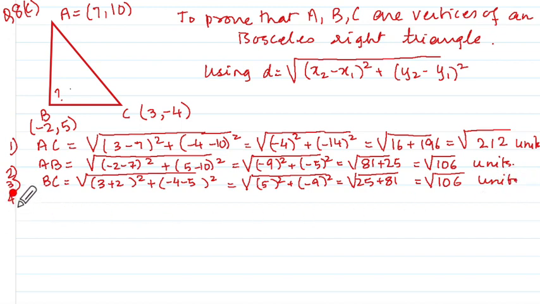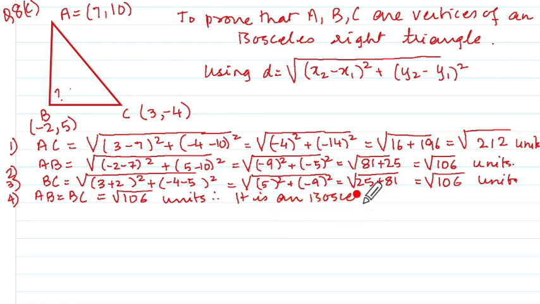Now you will say statement number 4. Can you see AC square is equal to 212 and AB square will be 106, BC square will be 106, right? To begin with, we will say AB equal to BC equal to under root 106 units. Therefore, it is an isosceles triangle.